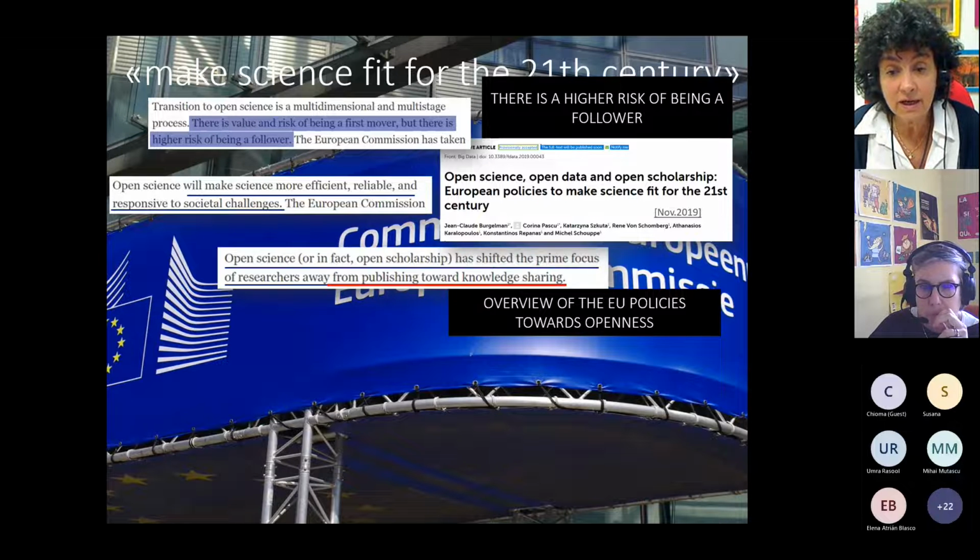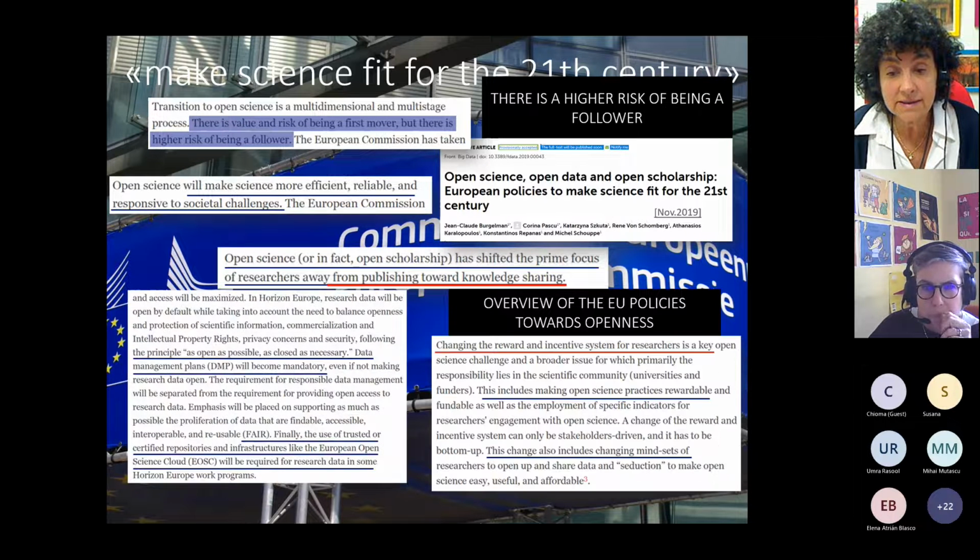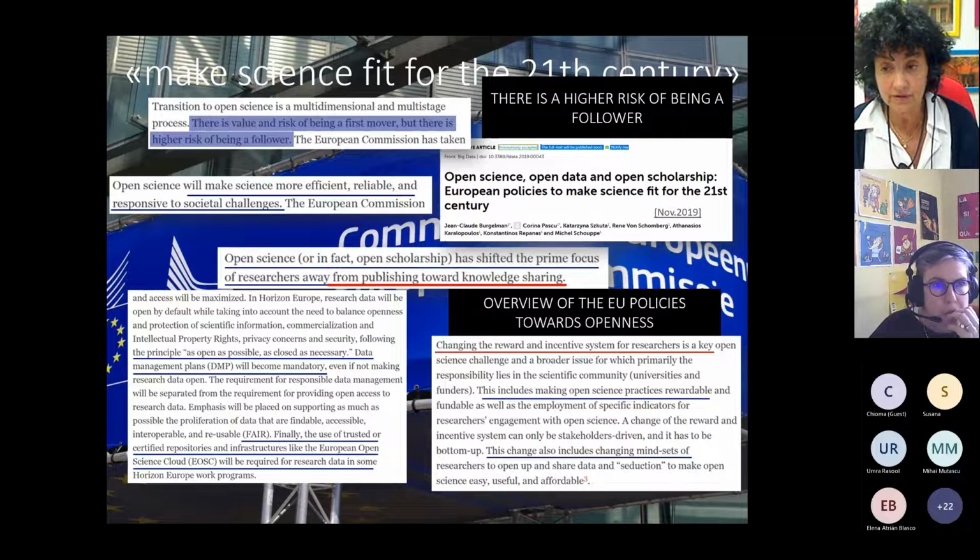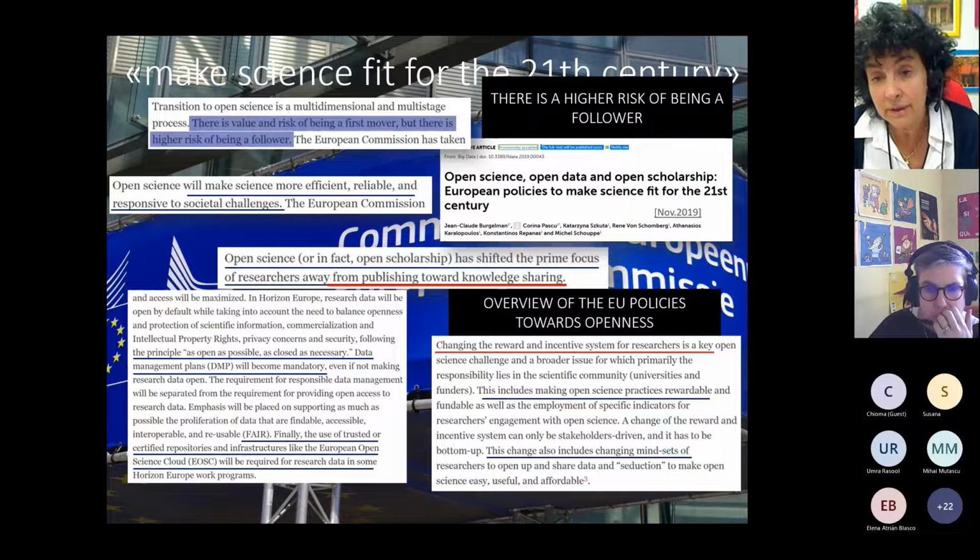So if you want, let's say, an overview of the policies toward openness, please refer to this paper written by Jean-Claude Burgelman, who used to be the head of the unit Open Science at the Commission.